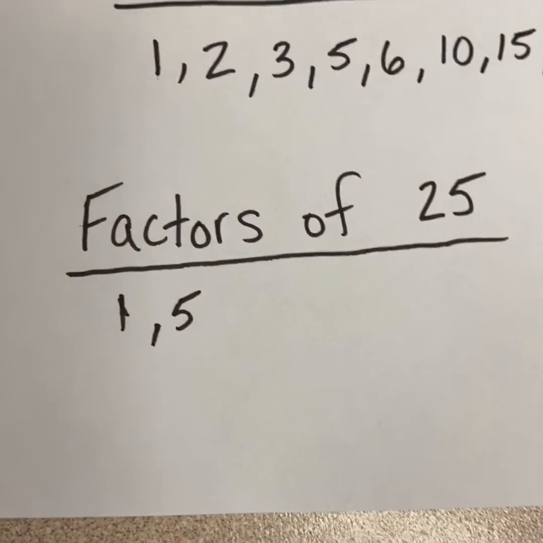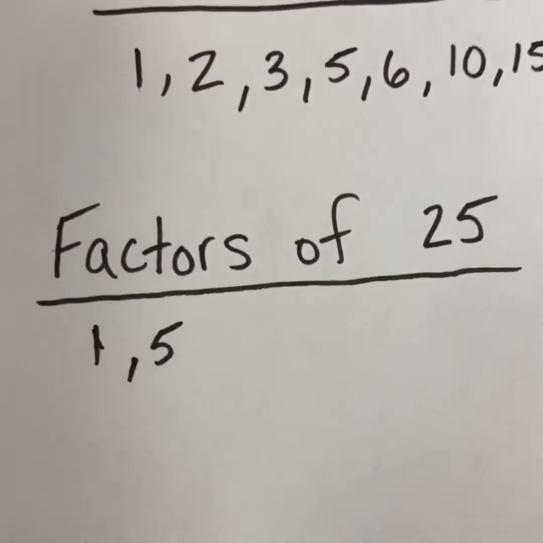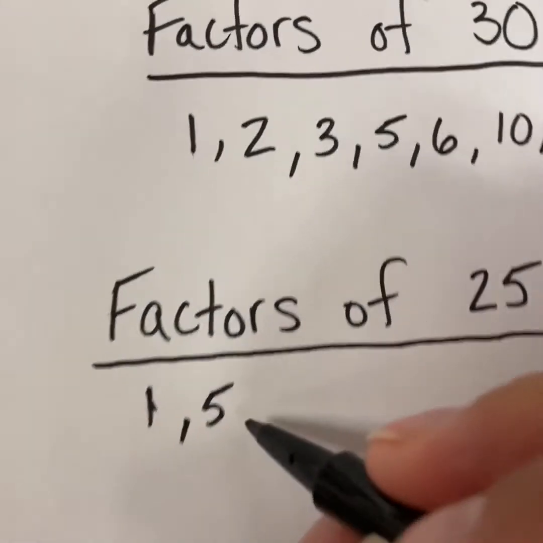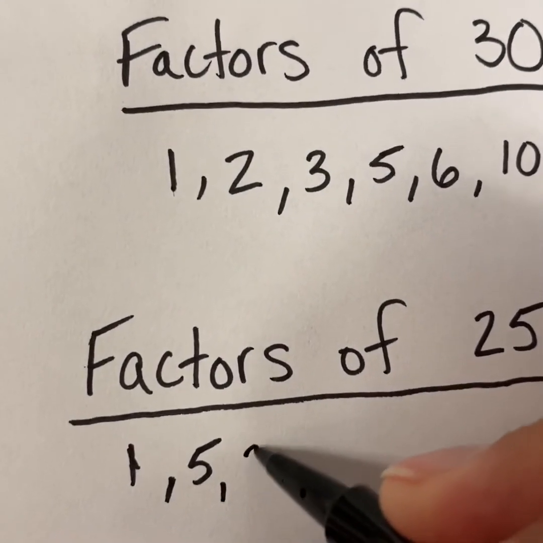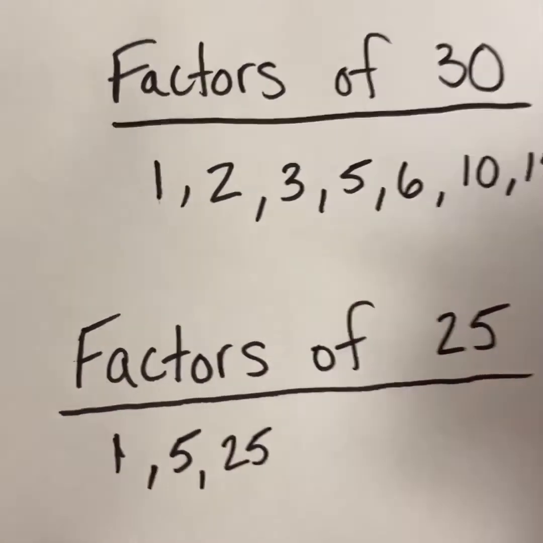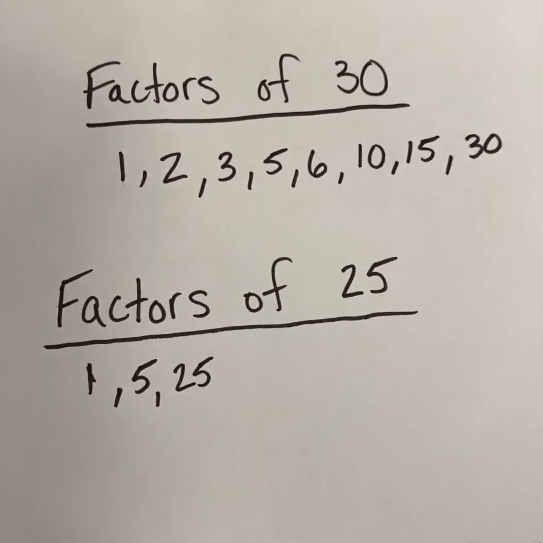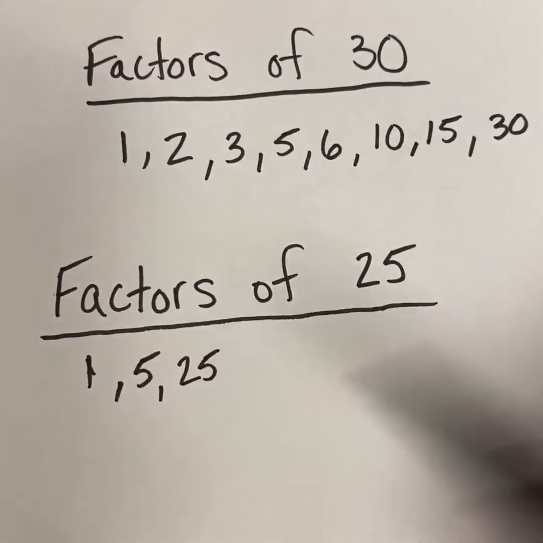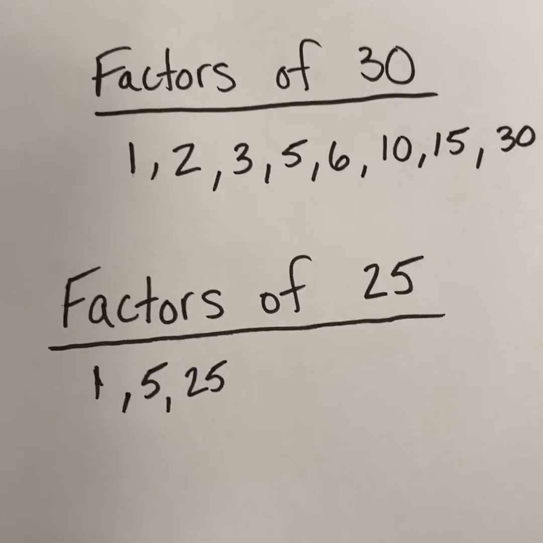And 6, 7, 8, 9, 10, 11, 12, no. So we just need to think about the number 25. Okay, so those are the 3 factors that work for 25.